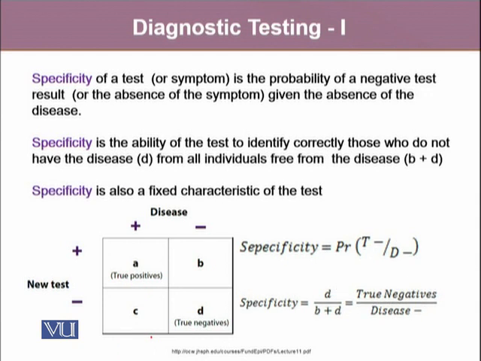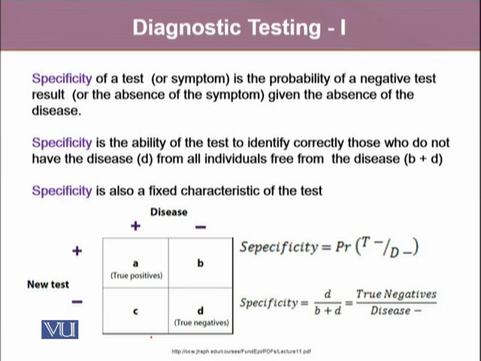The other measure is specificity. Specificity of a test is the probability of a negative test result, given the absence of the disease. In other words, specificity is the ability of a test to identify those who do not have the disease from all the individuals who are free from the disease.